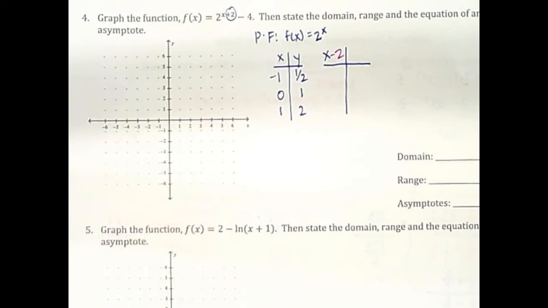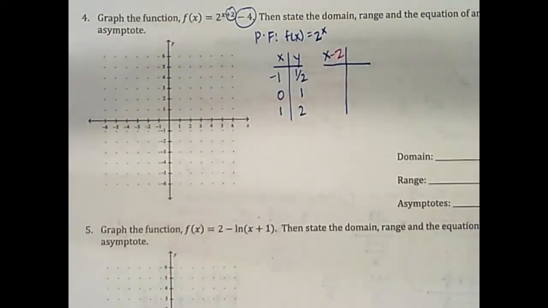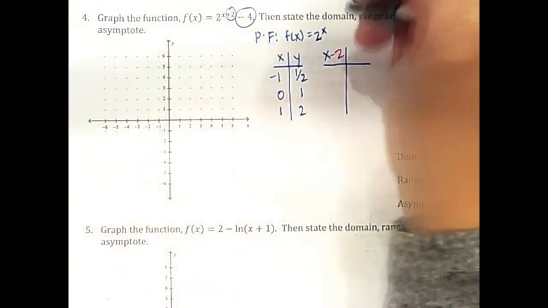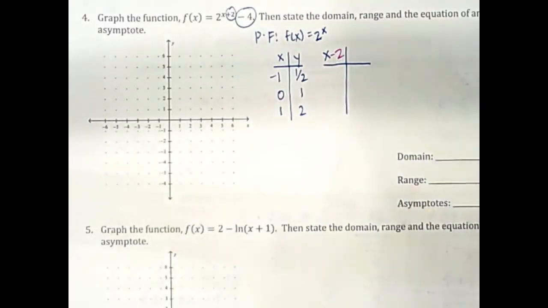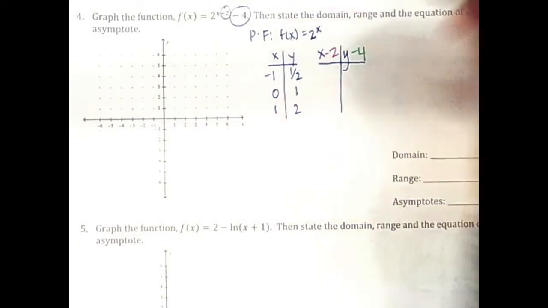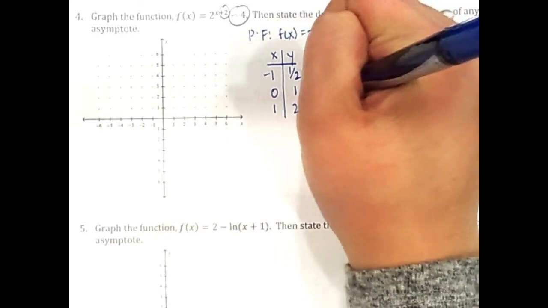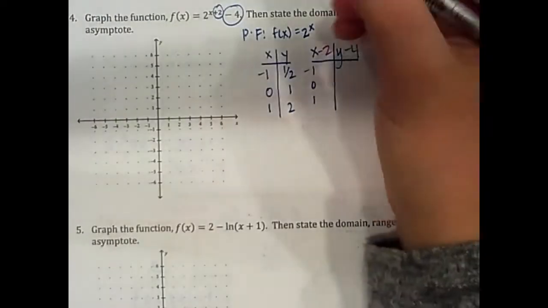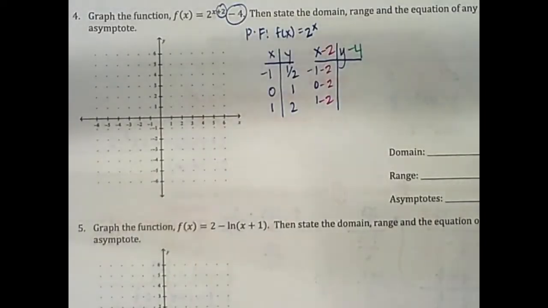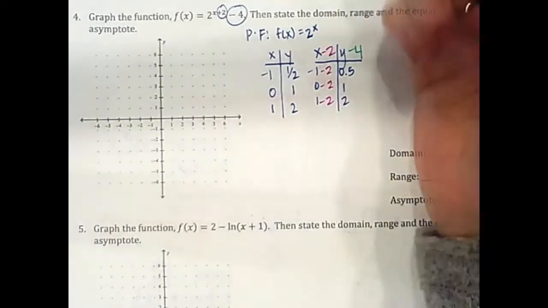And then the -4 is our second transformation. That is not within the exponent, so it's outside of the parent function. And so to all of our y values, we subtract 4. So our original x values, we subtract 2, and our original y values, we subtract 4.